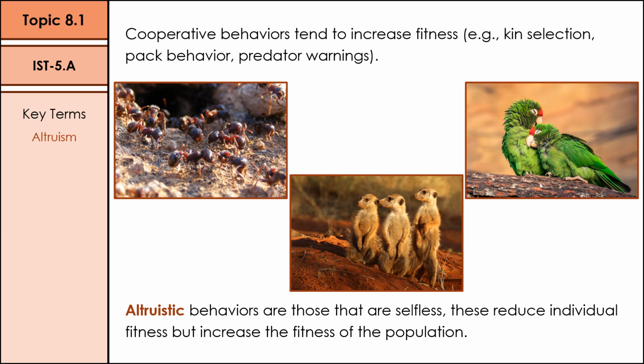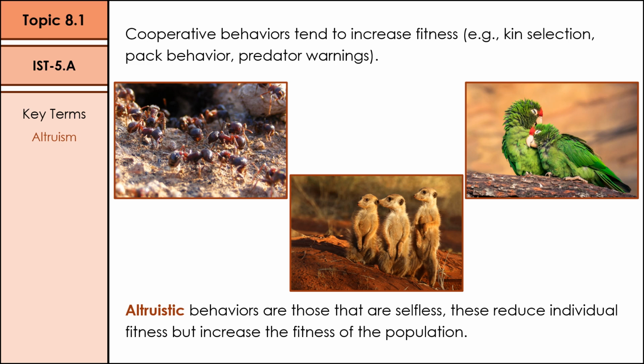You've got meerkats, which have a predator warning system, and then you've got some kin selection in there, where there are varying levels of how likely you are to help a member of your family. If you're fourth cousin three times removed, probably not super high on your priority list in terms of helping when compared to your own immediate offspring.